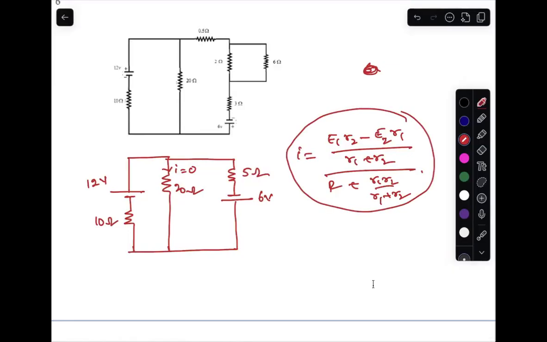No current means whatever the current flows through this branch, periphery only. Okay, fine. What is the current in that case? Both batteries are aiding each other. 12 plus 6, and total resistance is 15. 18 by 15, 6 by 5. In fact, it is 1.2 amps.